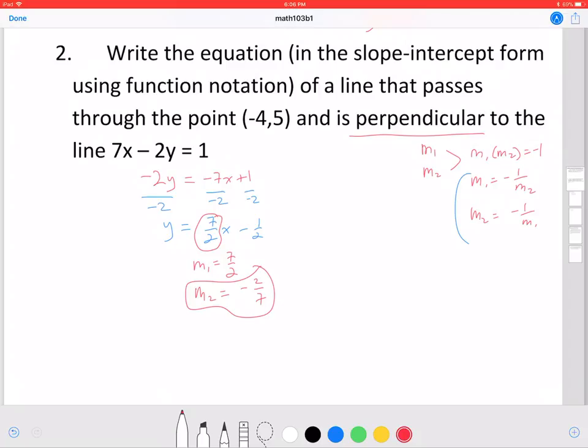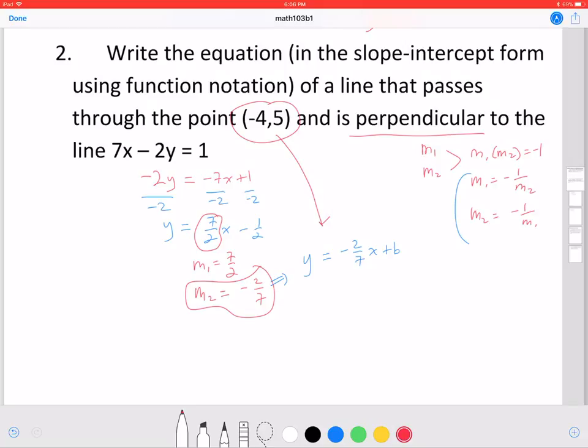The rest will be similar to what we did in problem number 1. So that's going to give me y is equal to -2 over 7x plus b. I'm going to take this information and substitute 5 for y and -4 for x.